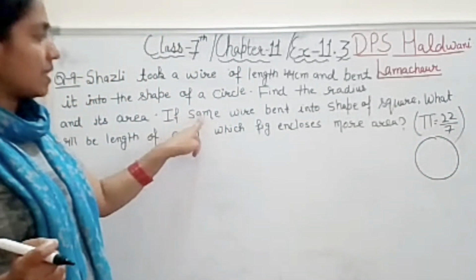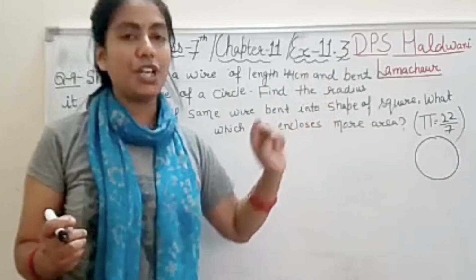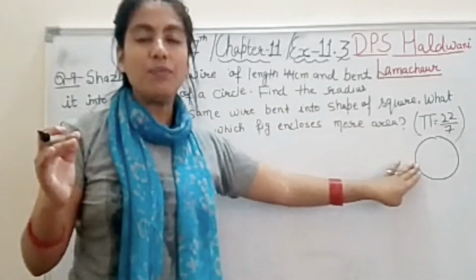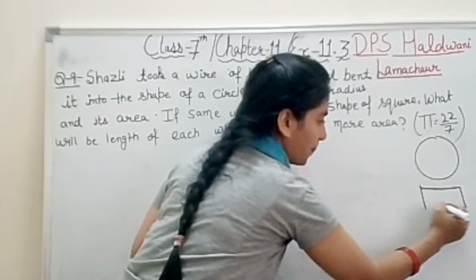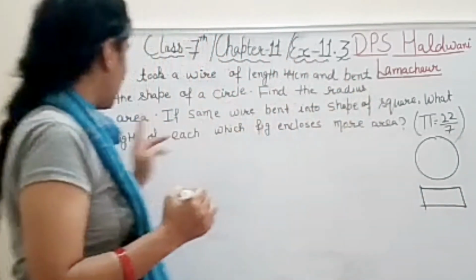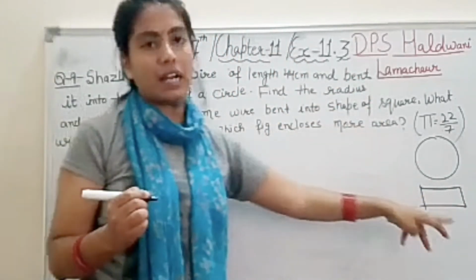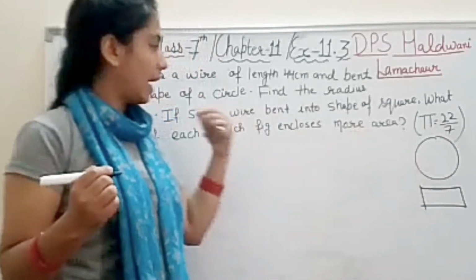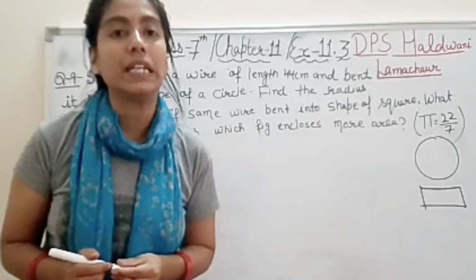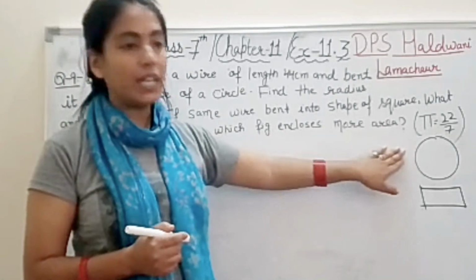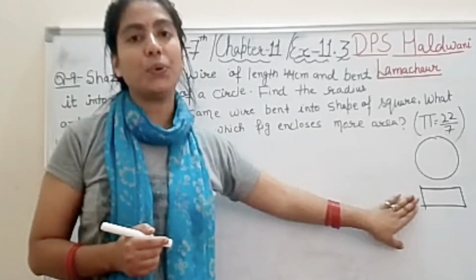If the same wire is bent into the shape of a square, what is the length of each side of the square? And at the last you have to tell which figure encloses more area, circle or square.